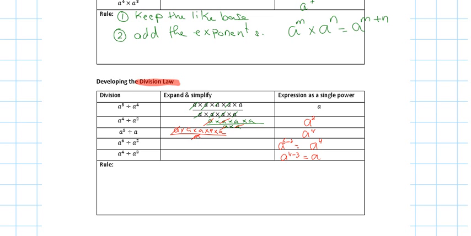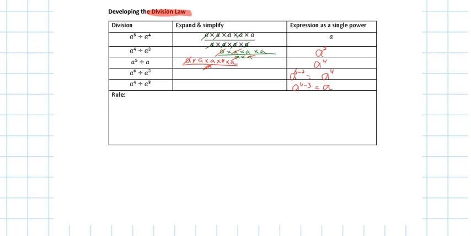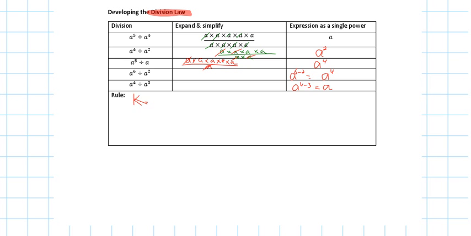So, for the division law, you're going to keep the same base, or the like base, and then subtract exponents.